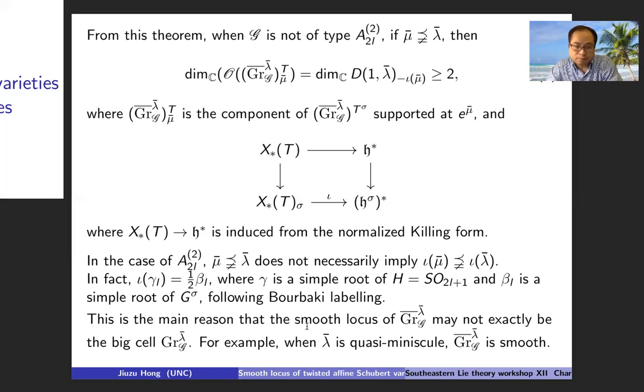There is an example: when lambda bar is quasi-minuscule, meaning 0 is also dominant, so there is only one dominant weight dominated by lambda bar, which is 0. In this case, the Schubert variety is smooth. It has 2 cells, but it is smooth.